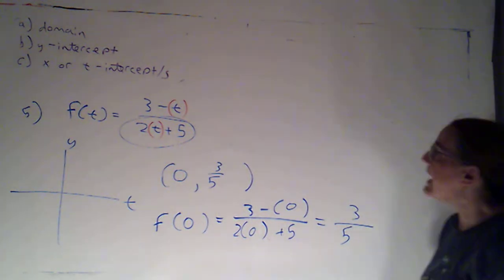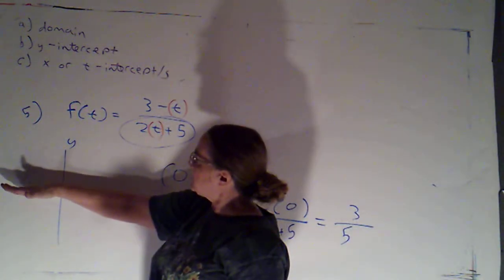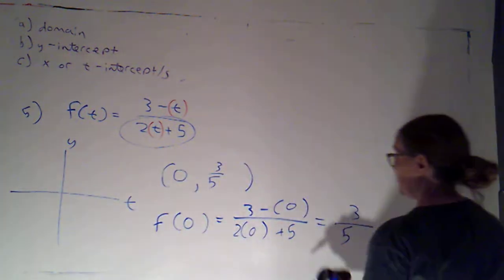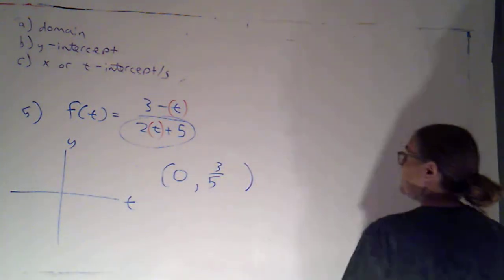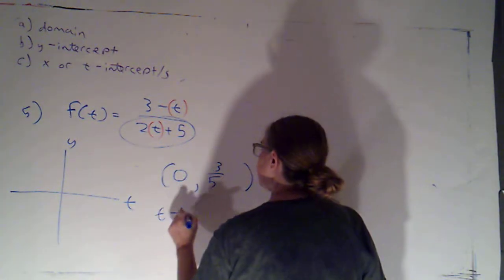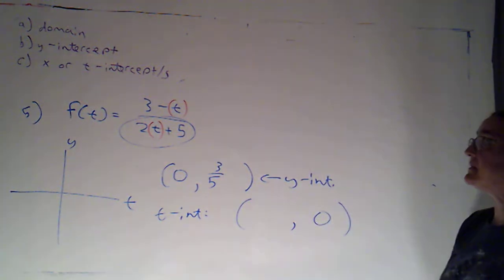Excellent. And then if I want to find the t-intercept, that's going to be where we're on the t-axis, which means our y value will be 0. So this was our y-intercept. If I want to find the t-intercept, that's going to be a point that gives me 0.